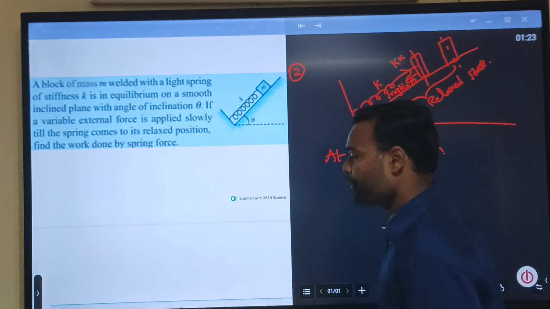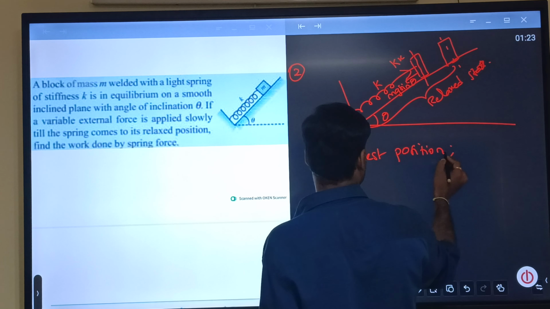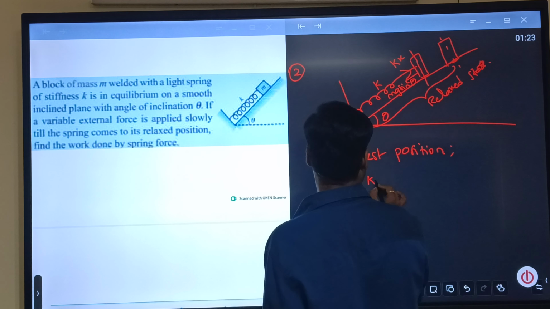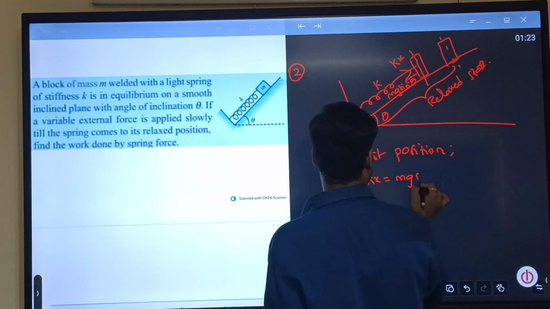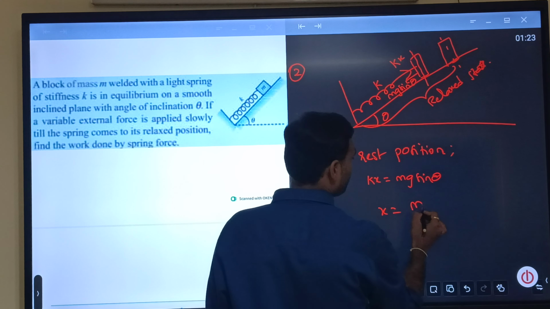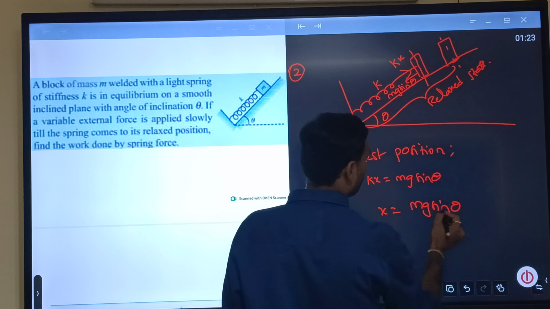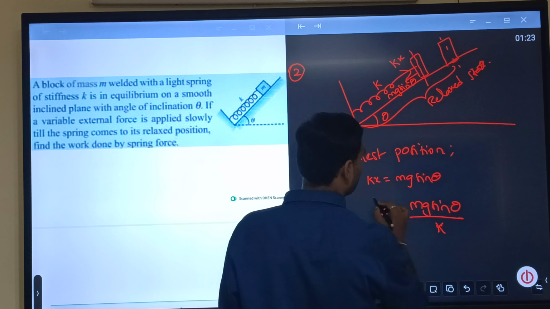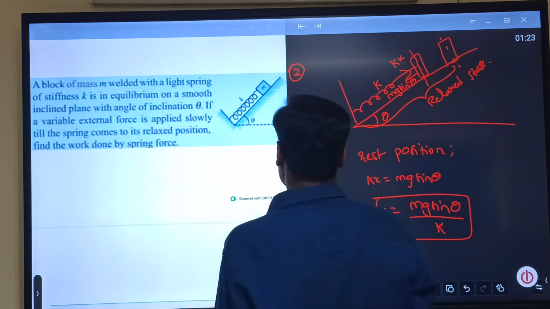I am taking only magnitude at rest position. kx is equal to mg sin theta, then x is equal to mg sin theta by k.